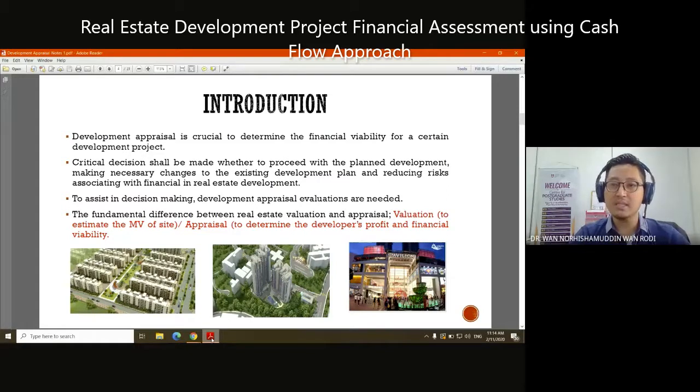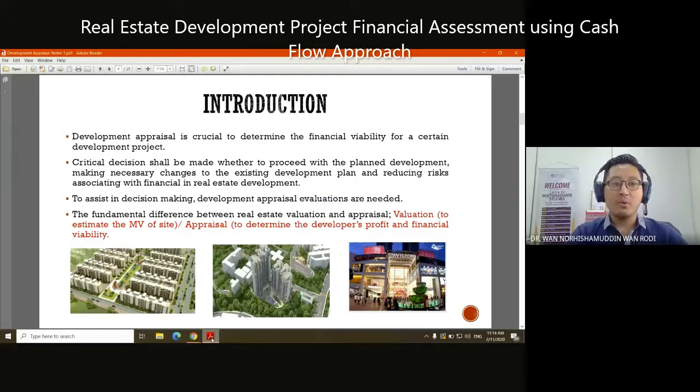As far as concerned, real estate development consists of various types of risk, internal and external, especially those related to the financial. It also helps in critical decision making, whether to proceed with this project or not, or maybe we can make any changes, any changing of plan.